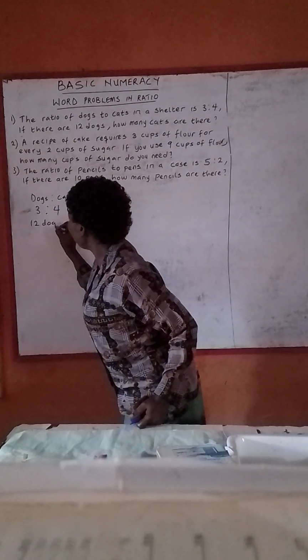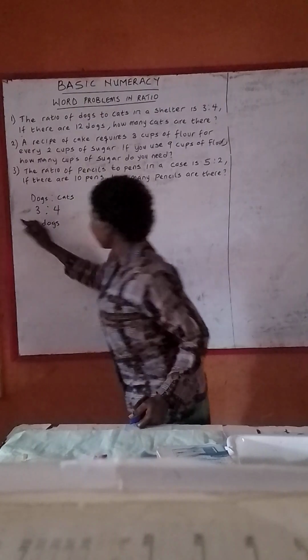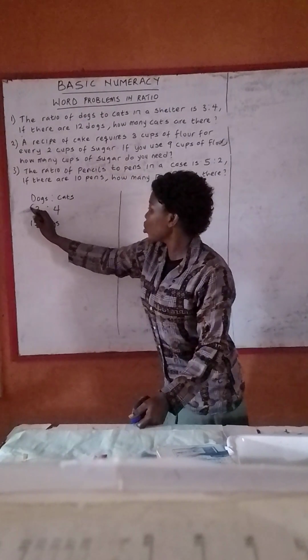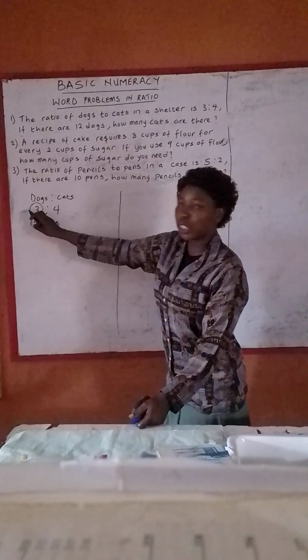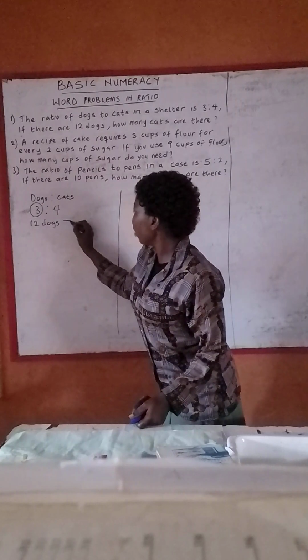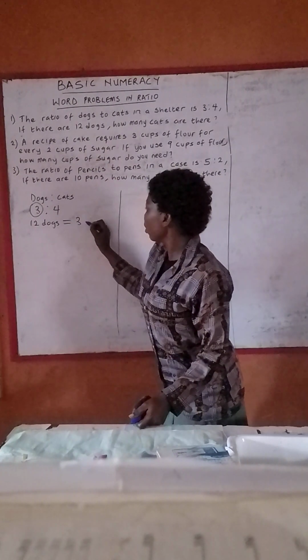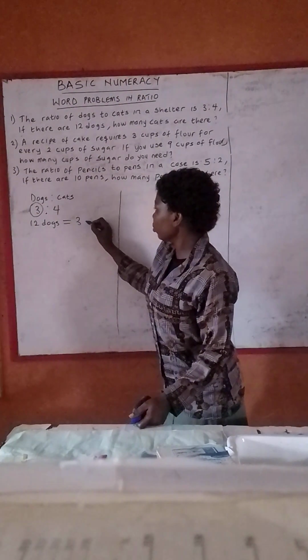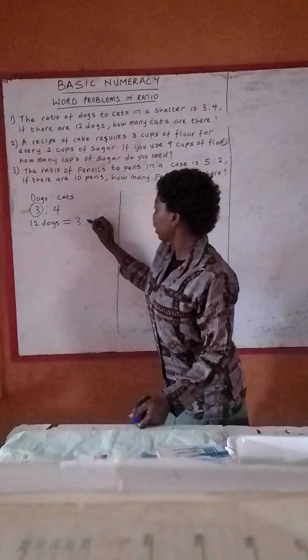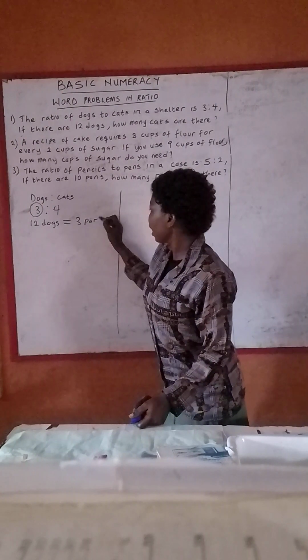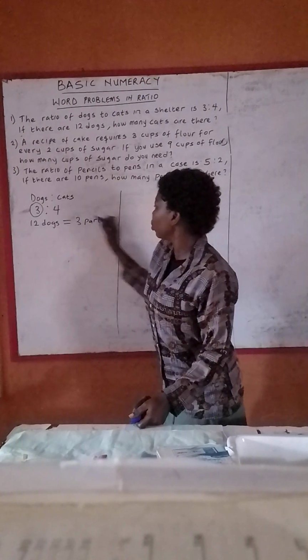It shows that 12 dogs is carrying this 3 ratio. 12 dogs equals 3 ratio. This one here is 3 parts, carrying the 3 parts of the ratio.